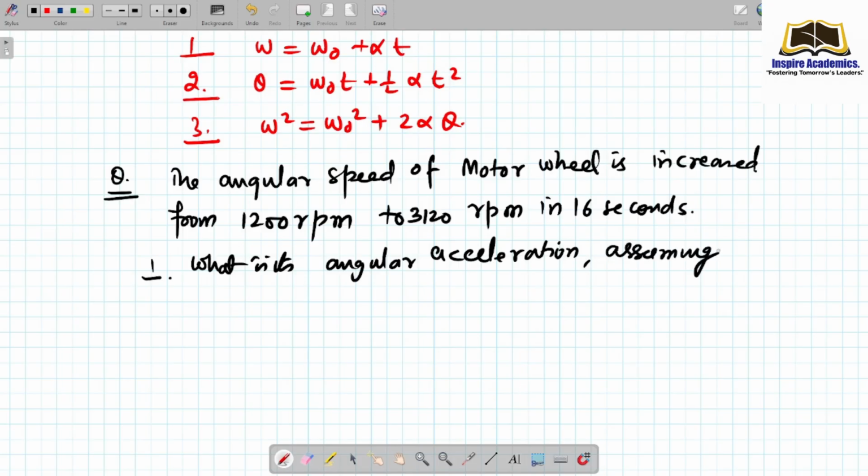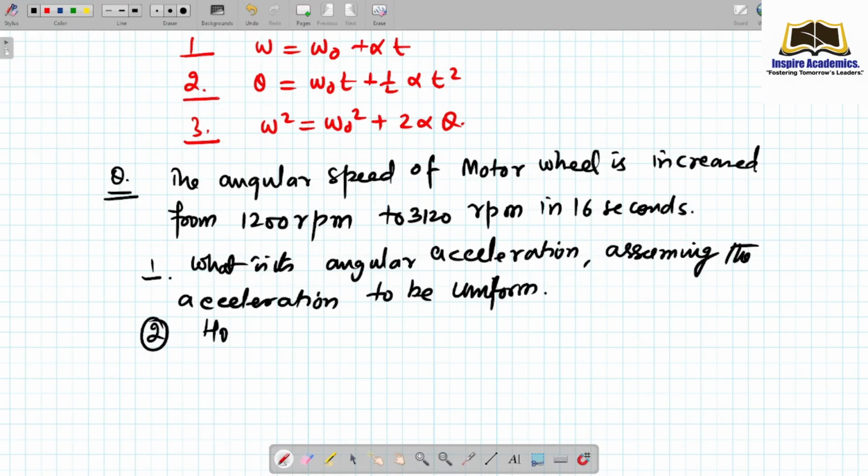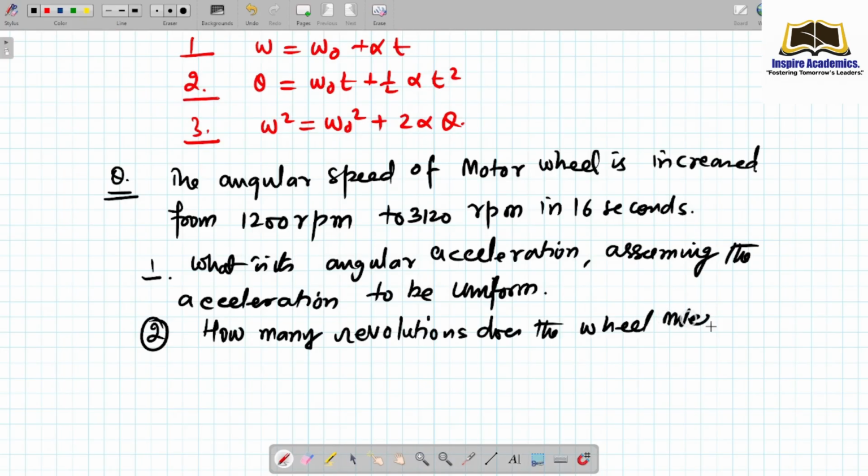Number 2, how many revolutions does the wheel make during this time?